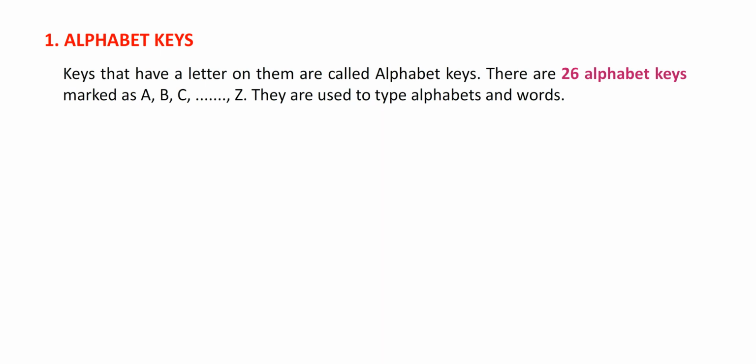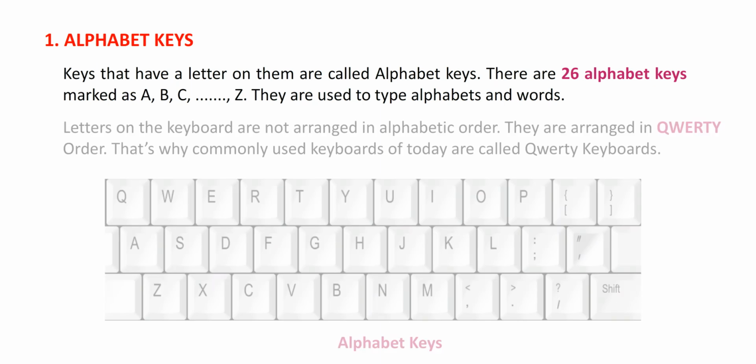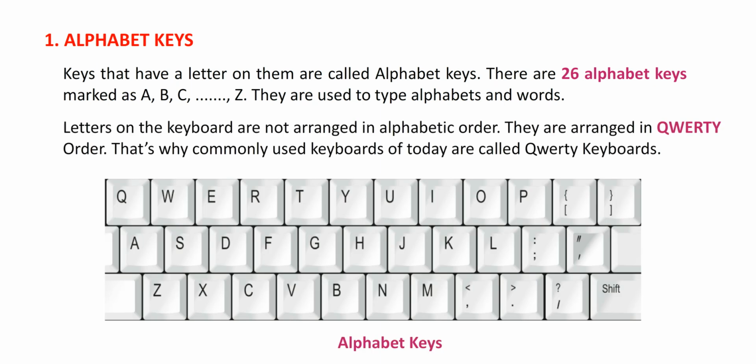There are 26 alphabet keys marked as A, B, C till Z. They're used to type alphabets and words. Letters on the keyboard are not arranged in alphabetical order. They are arranged in QWERTY order. That's why commonly used keyboards of today are called QWERTY keyboards.